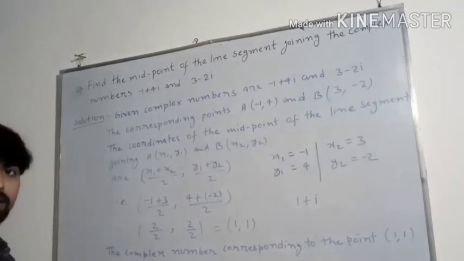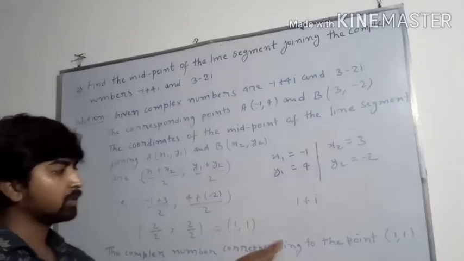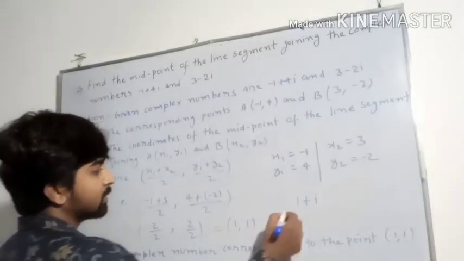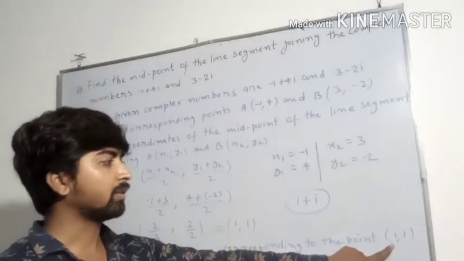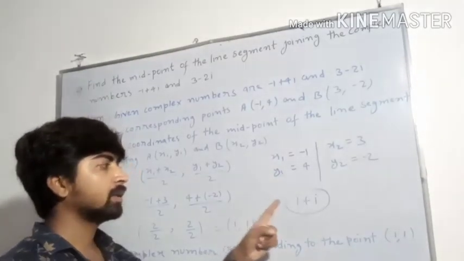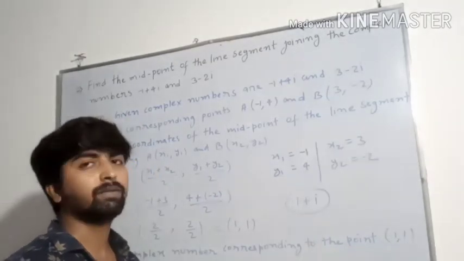The complex number corresponding to the point (1, 1) is 1 plus i. We take the x coordinate as the real part and the y coordinate as the imaginary part of the complex number.